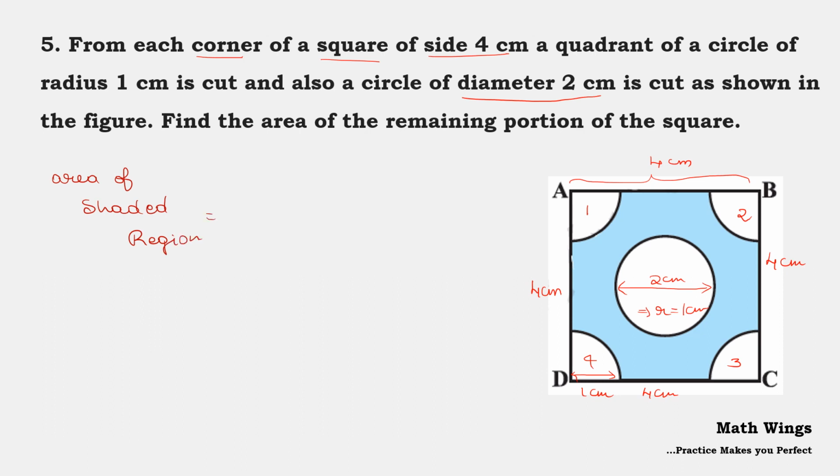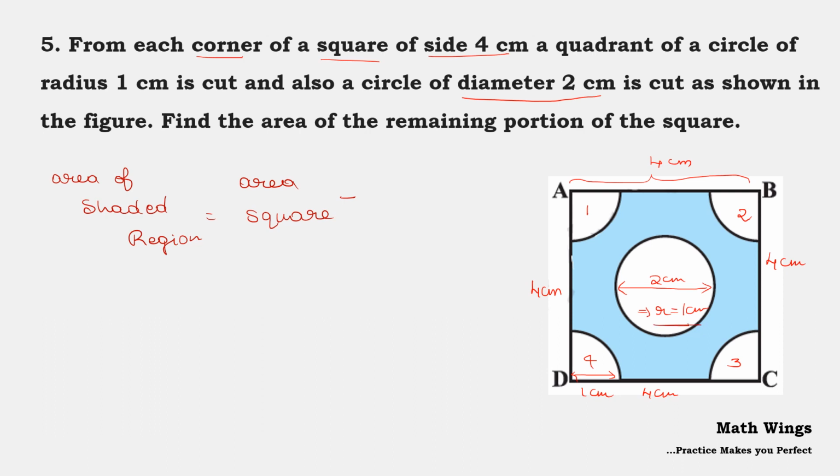is equal to area of the square minus, see here, instead of taking four corners separately, we can combine them and make it as one circle with a radius 1 centimeter. Also, we have another circle here with the radius 1 centimeter.